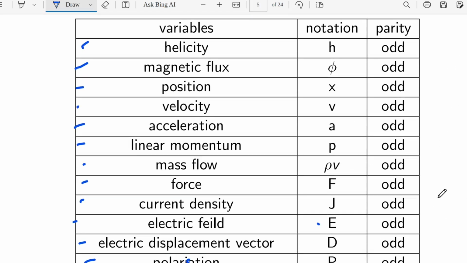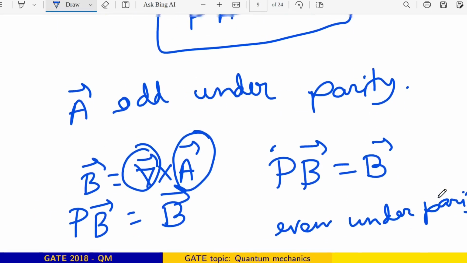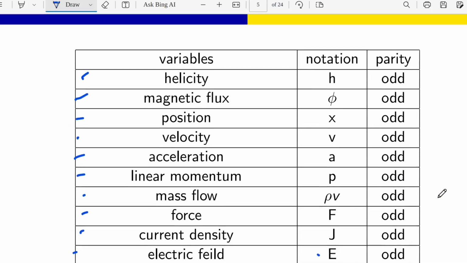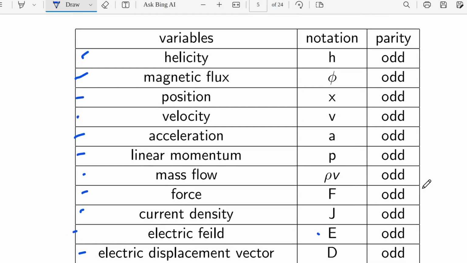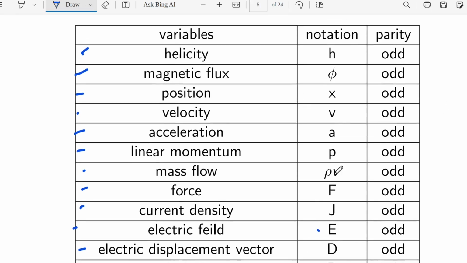But I have told you that pseudoscalar means it will be odd under parity. Then magnetic field? Magnetic field is a pseudo vector, I think. Pseudoscalar, pseudo vector. So pseudoscalar, whatever it will be, it will be odd under parity. Now obviously someone inside of this table should be a pseudoscalar, right?